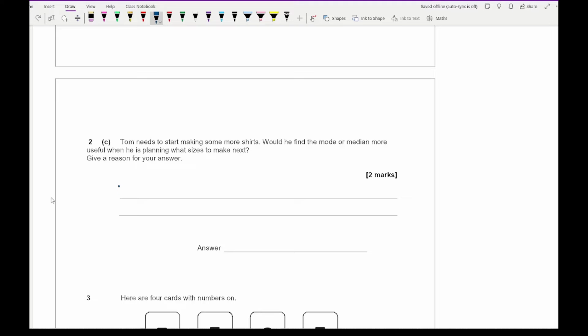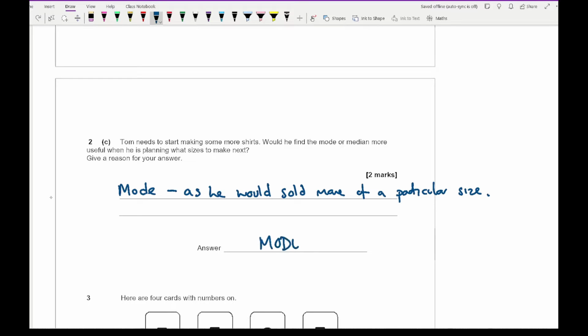So for here I would say the correct answer should be the mode, and potential reasons for this, as he would have sold more of a particular size, and something along the lines of, again, it's the most common size, etc. So something along those lines, you could write mode there. Obviously you would need to give a reason for that as well.